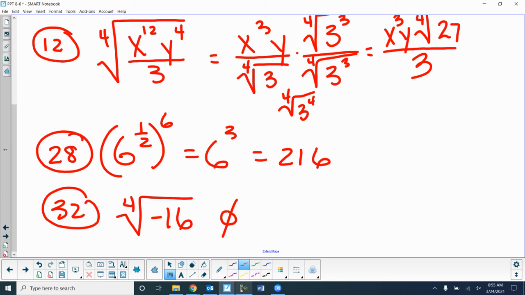And 56 is 27 to the 1/3 power, which is like the cube root of 27, which is 3. Let's look at 56 too. And any others you want to look at.